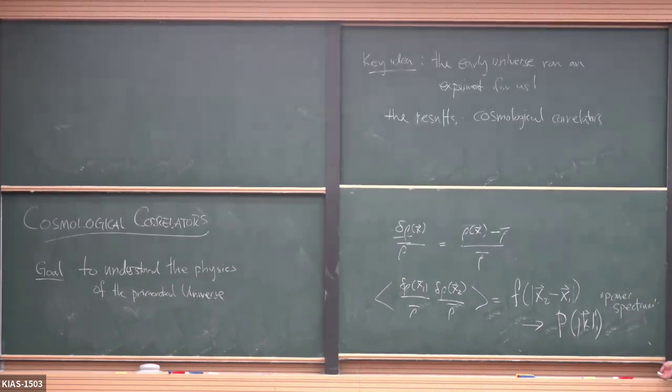These are the main objects we want to study, and the questions that we want to learn about them are: what do these correlators actually look like, and what rules do they follow?